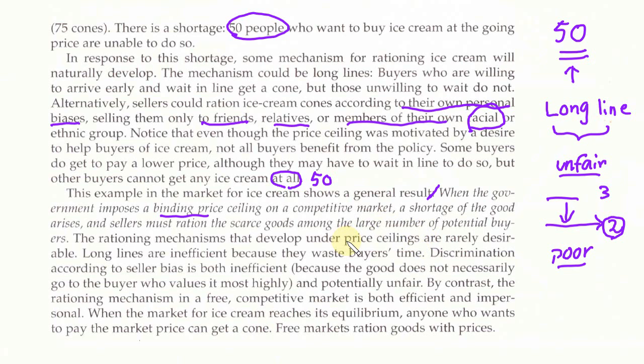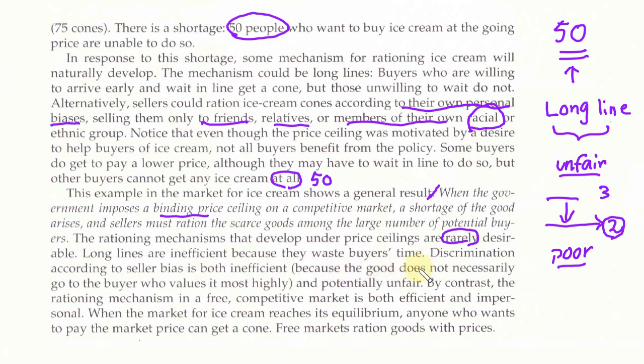Okay. The rationing mechanism, the rationing means the mechanism developed under price ceilings, is rarely desirable. It's rarely desirable. It's not desirable. Okay, long lines are inefficient because they waste buyers' time, right?